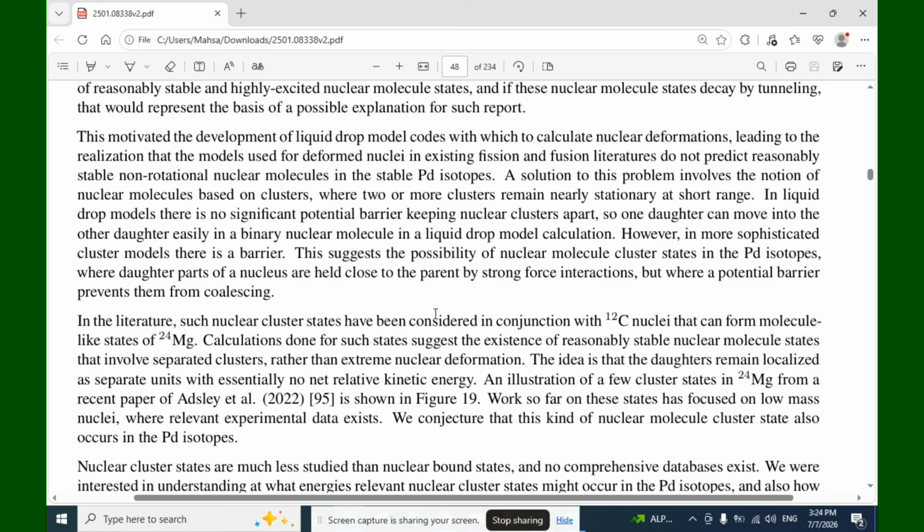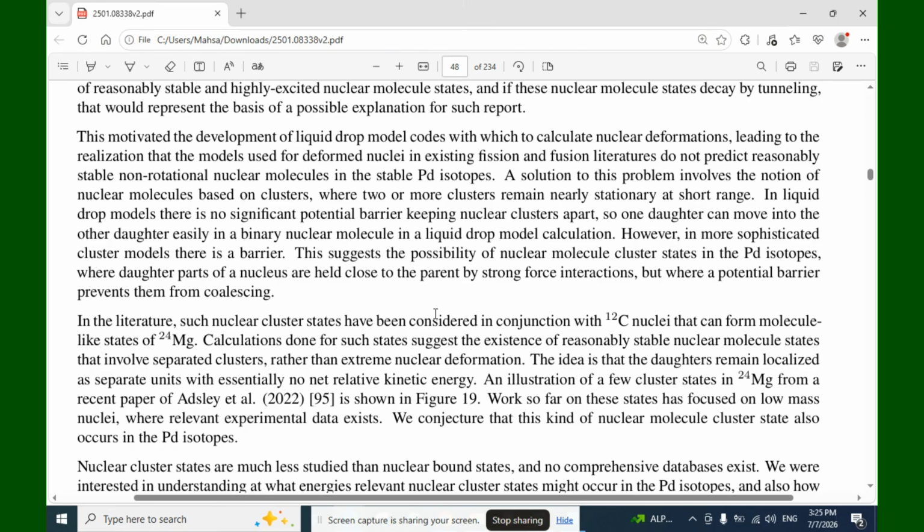A solution to this problem involves the notion of nuclear molecules based on clusters, where two or more clusters remain nearly stationary at short range. In liquid drop models, there is no significant potential barrier keeping nuclear clusters apart, so one daughter can move into the other daughter easily in a binary nuclear molecule in a liquid drop model calculation.